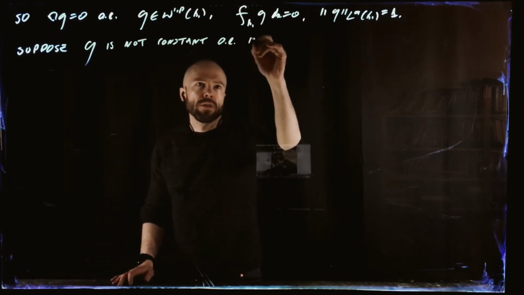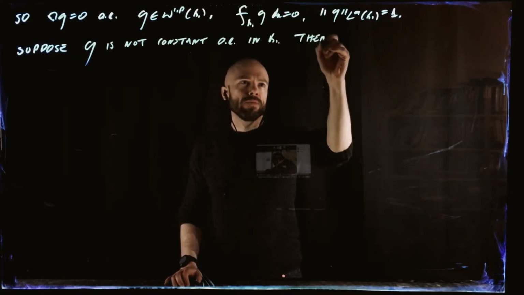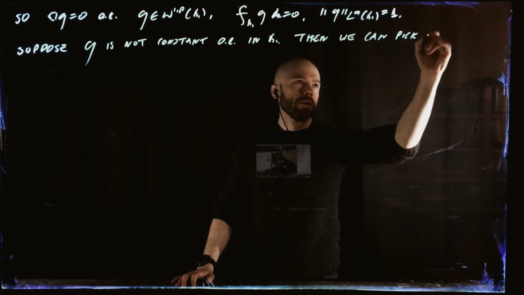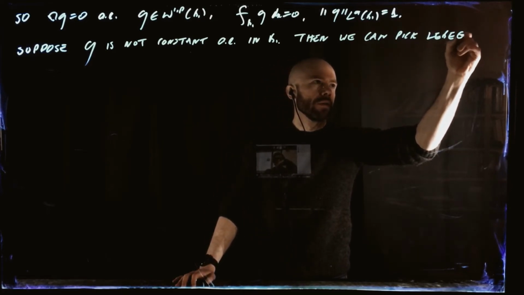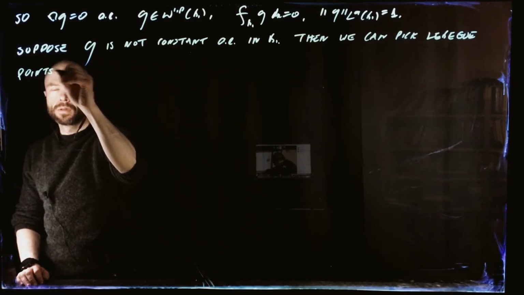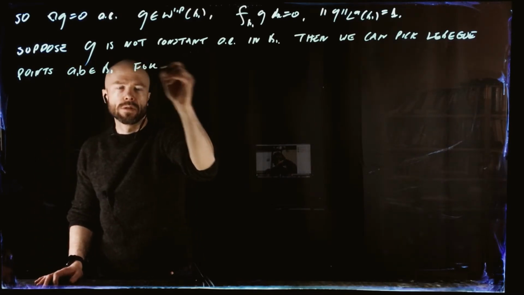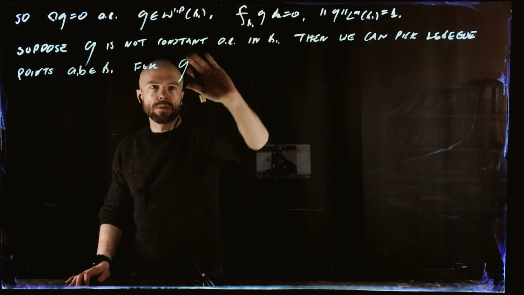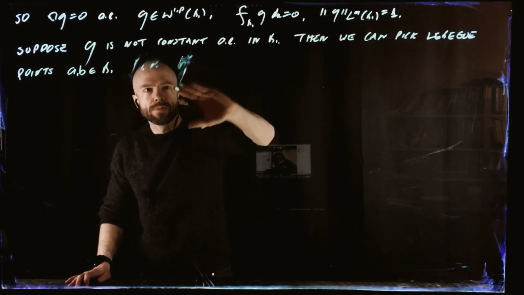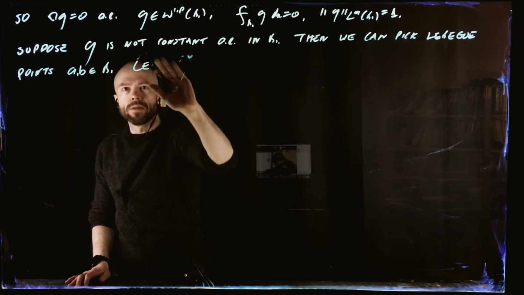In this ball, then we can pick the big points A, comma B inside the ball, for which... I already wrote that.